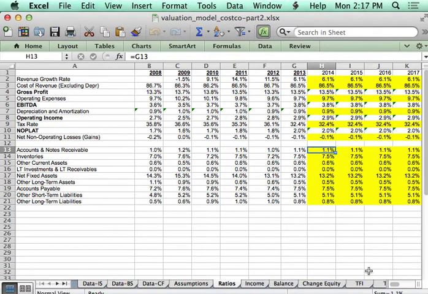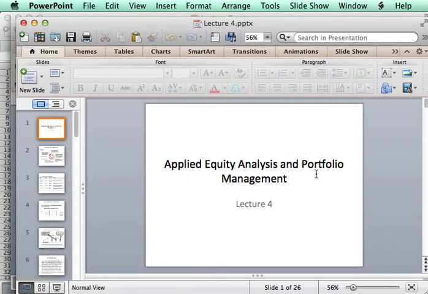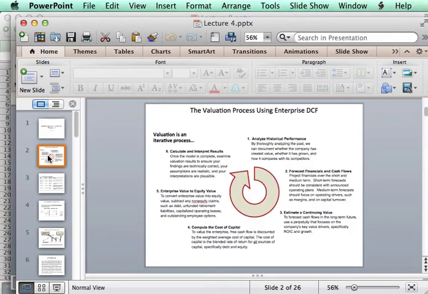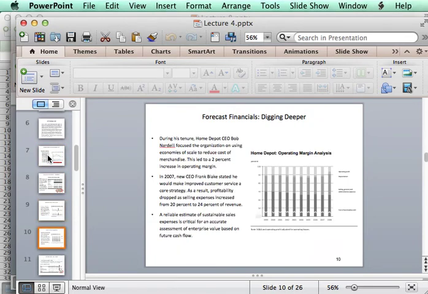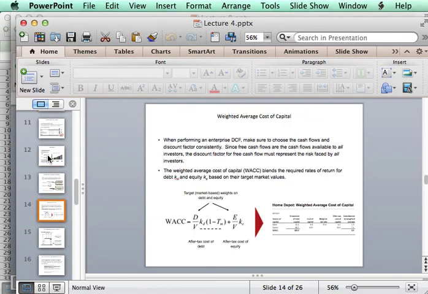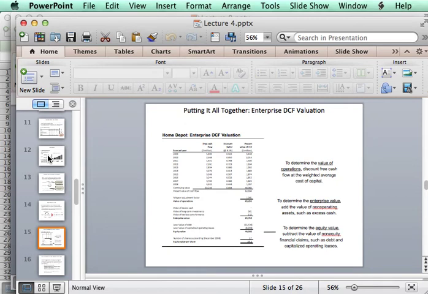So if I go back to our lecture note 4, McKinsey in the book talked about their valuation of Home Depot. Where we're going to pick up today is this slide in the valuation of Home Depot.